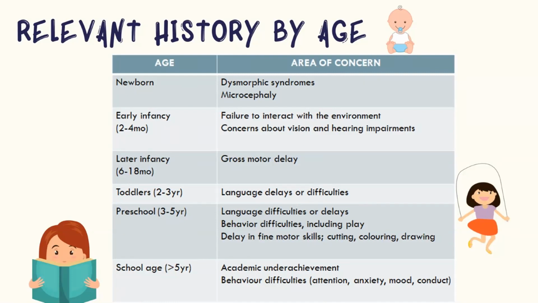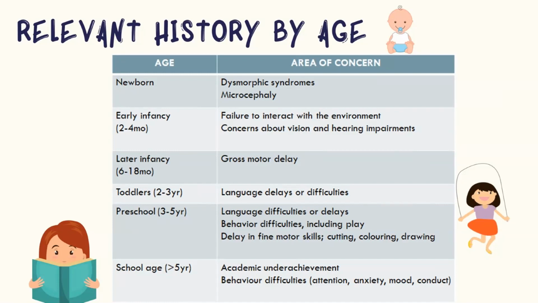So for toddlers, we try to look at the language, especially. By the age of 2 years, the child should ideally be able to say 50 words already, and also form 2 to 3 word phrases.